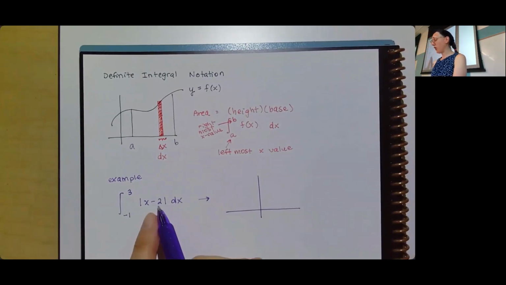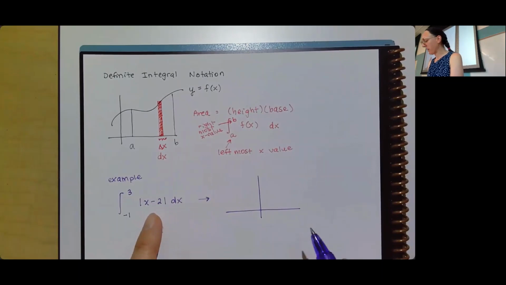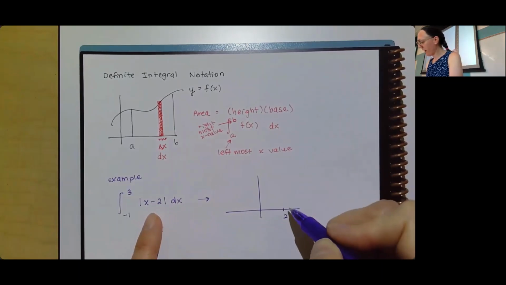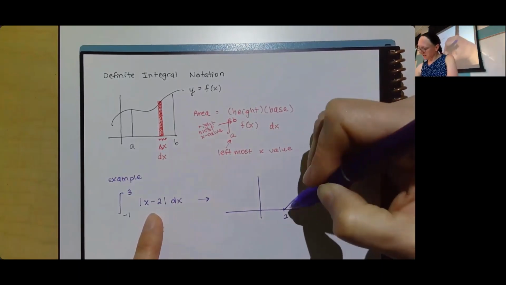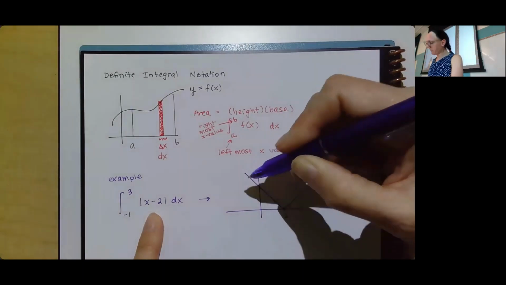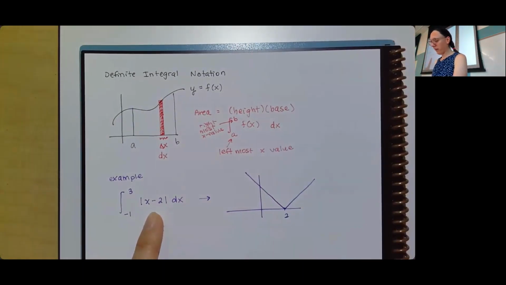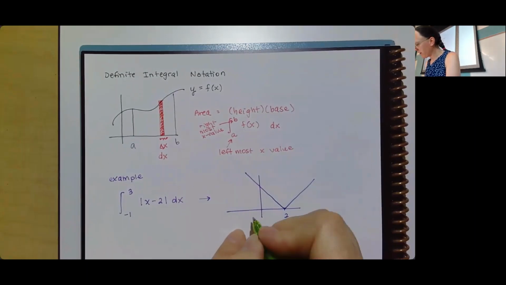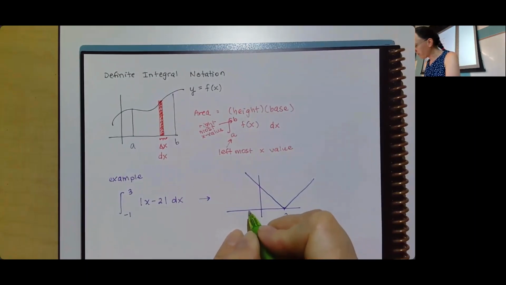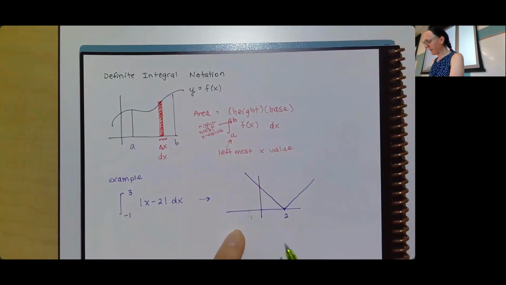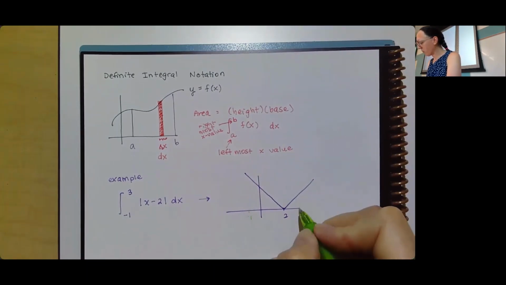I need a graph of the absolute value of x minus 2. So that graph is going to look like this. And we're looking for the area that spans on the left-hand side all the way to -1, and on the right-hand side, all the way to 3.